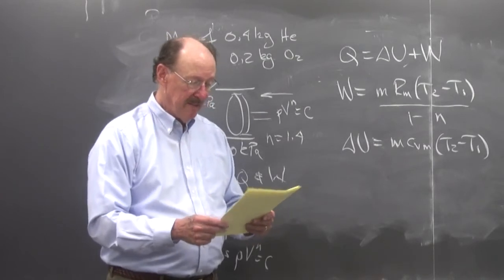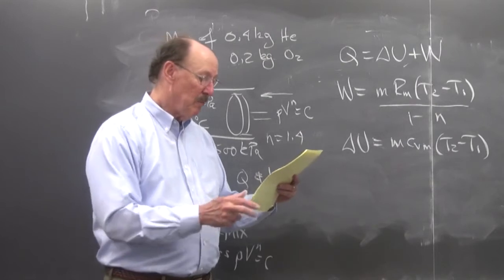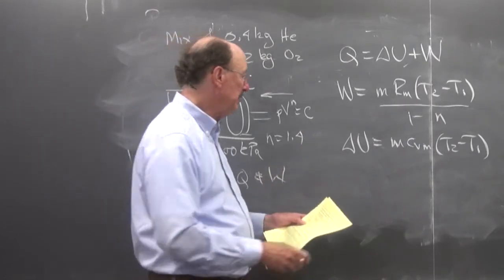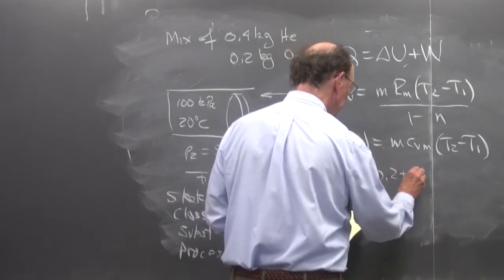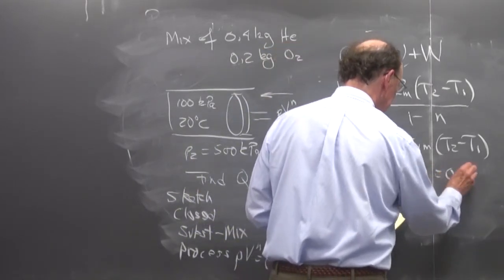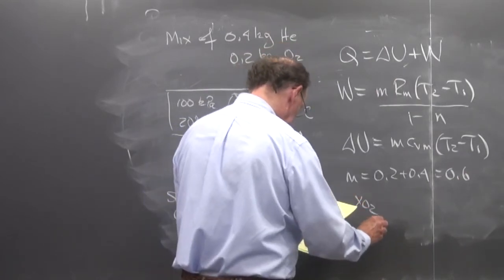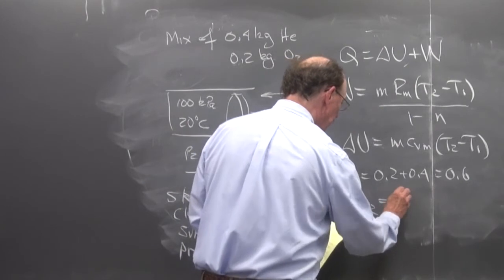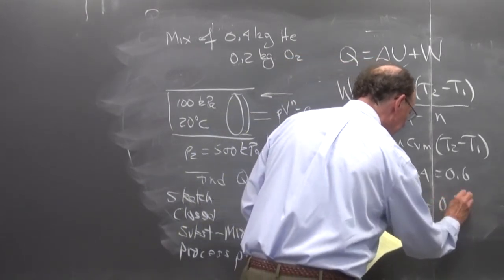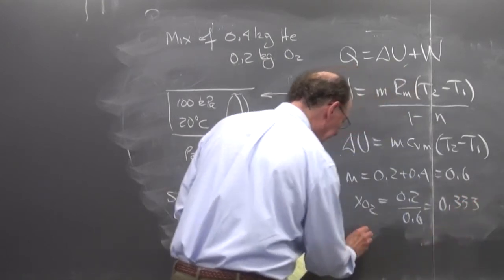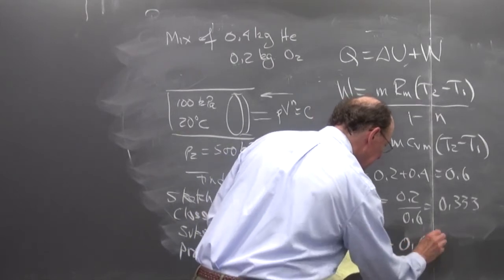Now we're going to find out the total mass, so M is equal to 0.2 plus 0.4, which is 0.6. I know that XO2 is equal to 0.2 over 0.6, which is 0.333, and XN2 is then 0.667.